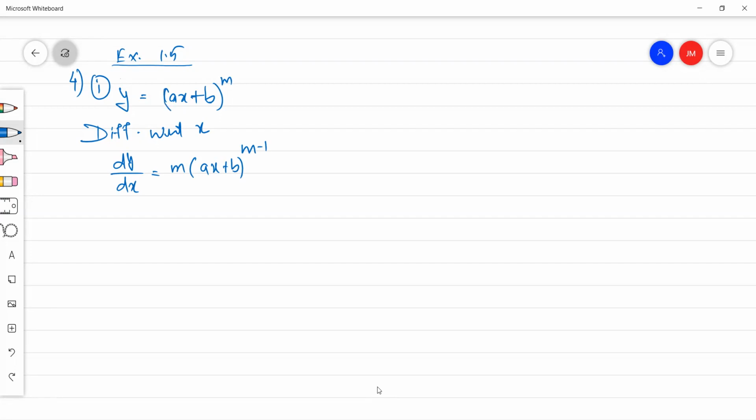So what is d by dx of f of x raised to m? It is m f of x raised to m minus 1 into d by dx of f of x, that is f dash. Same way here, the derivative of this will be m times ax plus b raised to m minus 1 into the derivative of ax plus b, which is a.